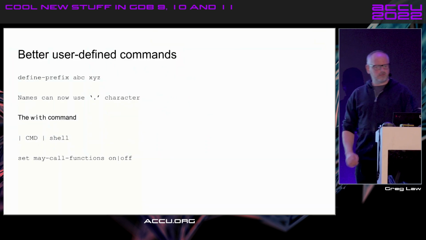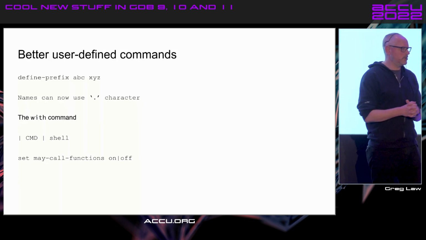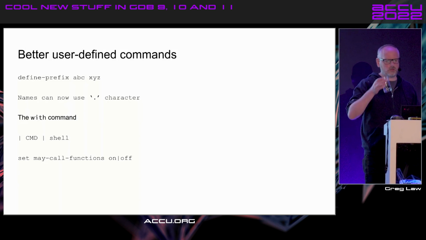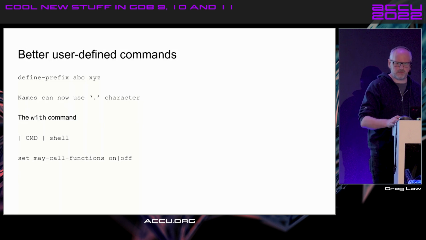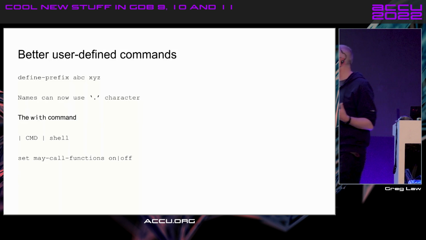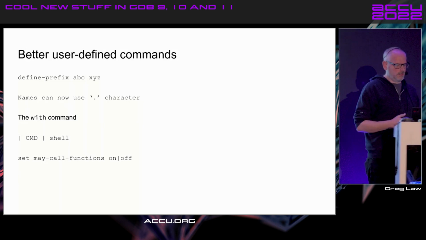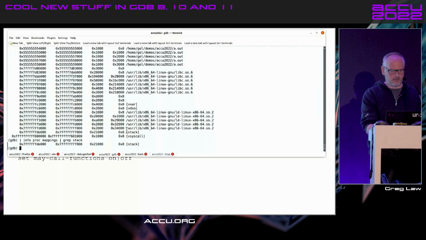Another little tweak: set may-call-functions on/off, which is quite useful. One way you can get caught out in GDB is that sometimes it tries to be a little bit too clever. You probably know that you can call functions in the inferior, the program you're debugging.